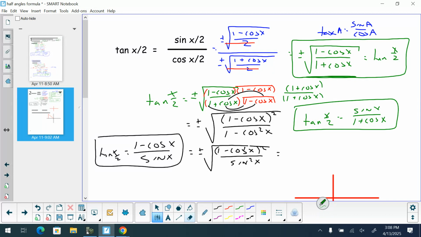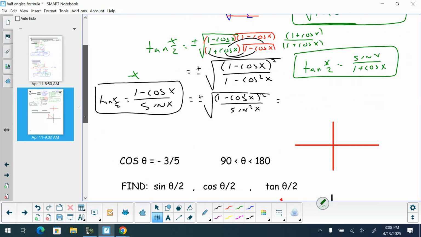Because if I multiply by 1 minus cosine, I have 1 minus cosine squared on top, which will give us back the sine squared. We take the square root. So once again, either one of these will give you a solution. Once again, I tend to favor this one a little bit more, and I'll show you why here in a minute.